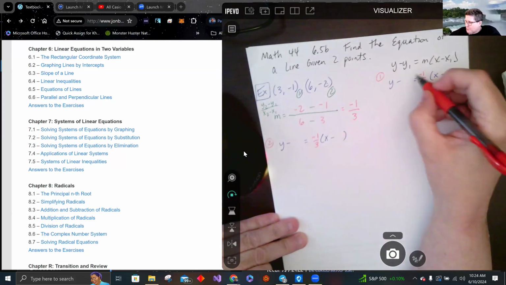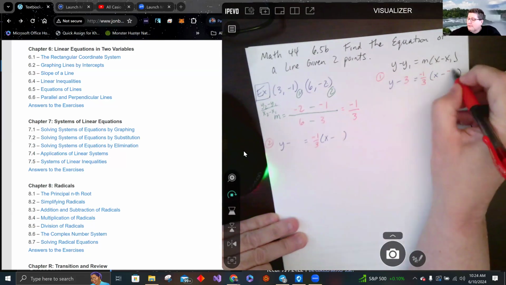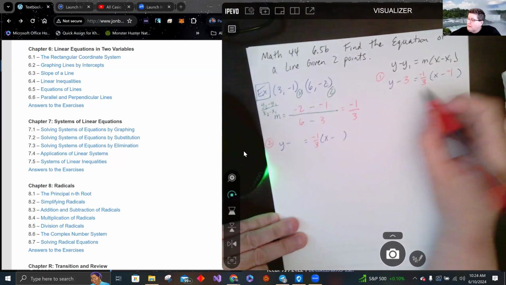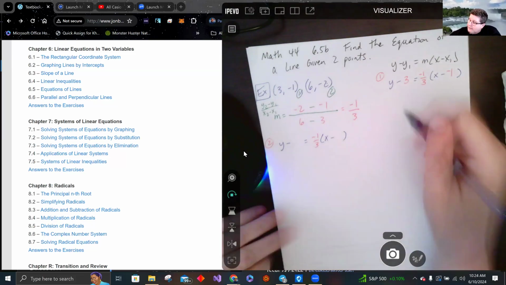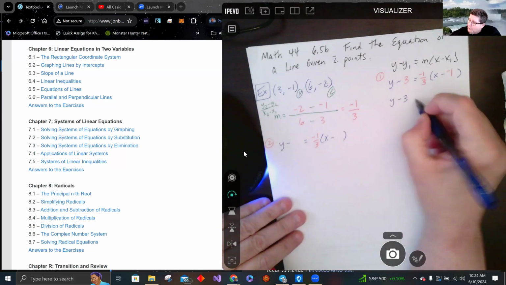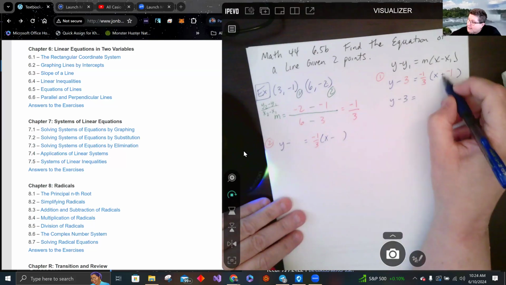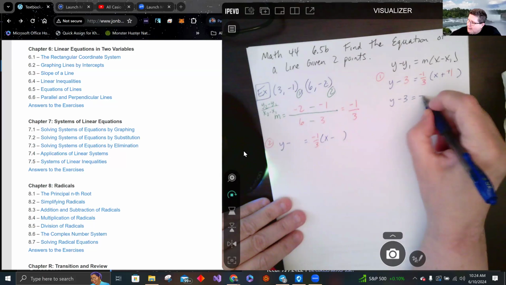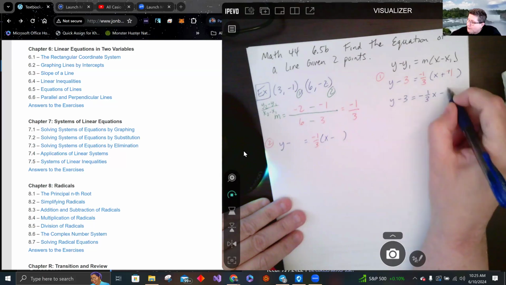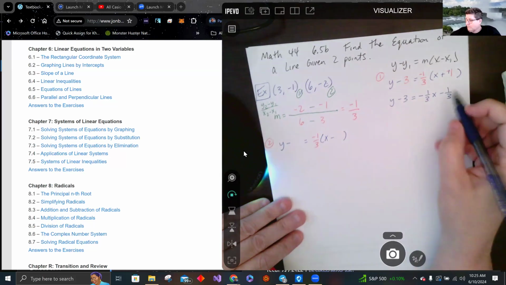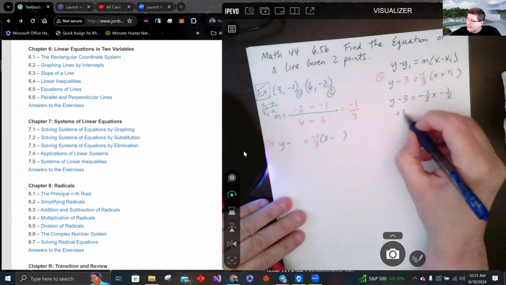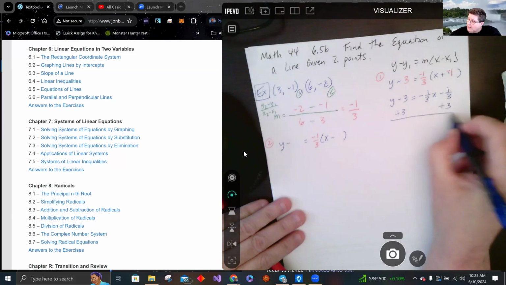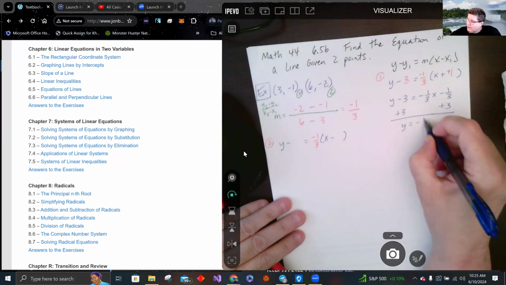Point 1 is 3 and -1. So I have y minus 3 equals, these turn into a plus, and I distribute and I get -1/3 x minus 1/3. I add 3 to both sides, and I get y equals -1/3 x.